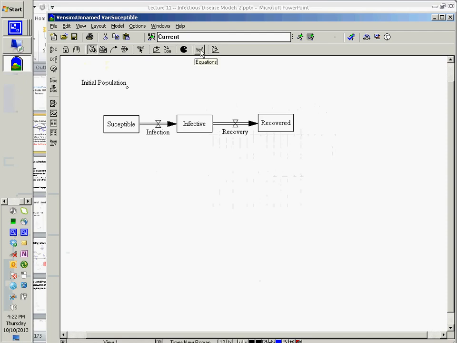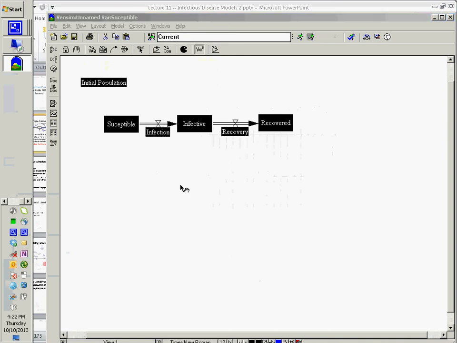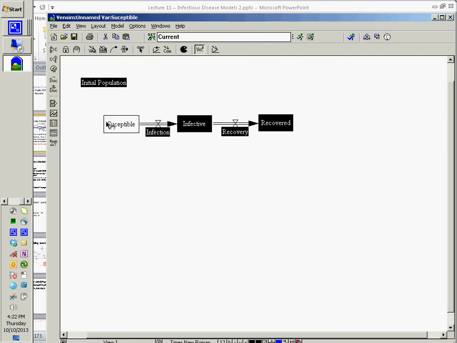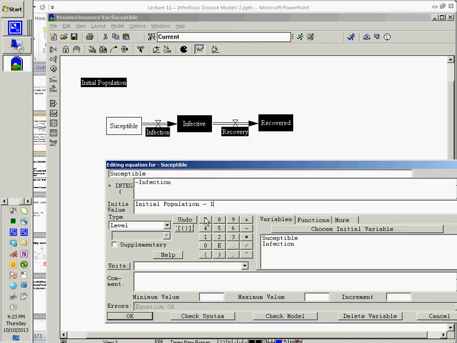And now we're going to have susceptible here be initial population minus 1. So that would be fine. So what did I just do? I went into this stock, and I set that to be the initial value here, right?